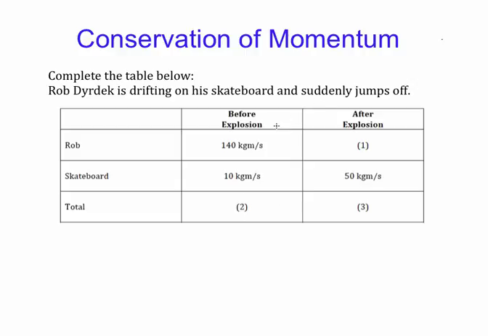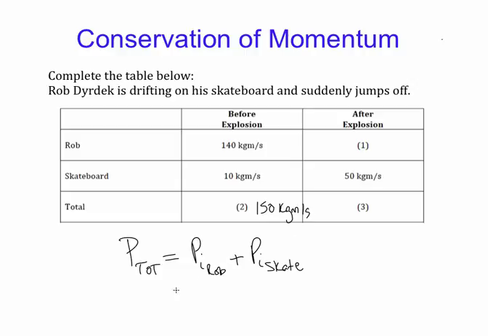All we need to do is realize that the total momentum for our problem is going to equal the initial momentum of Rob plus the initial momentum of the skateboard. So we can do that in our head. What's 140 plus 10? That will be 150 kilogram meters per second.